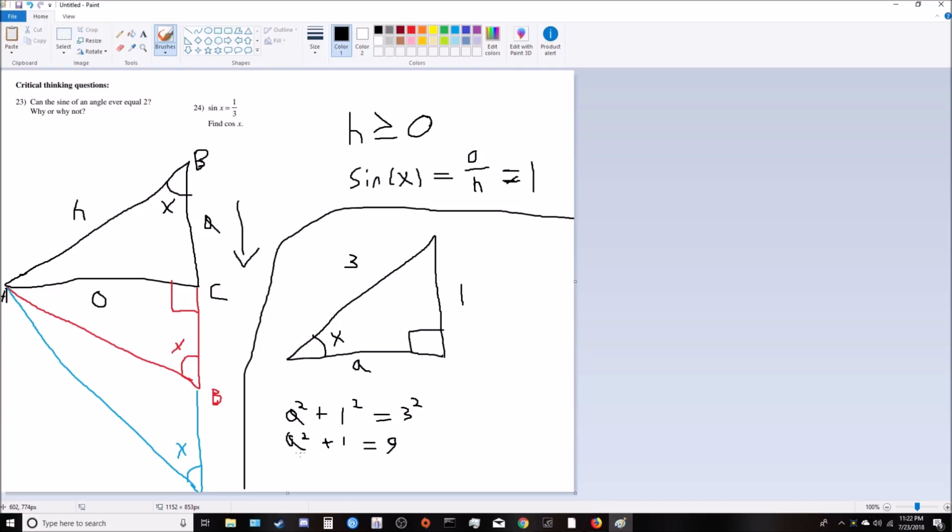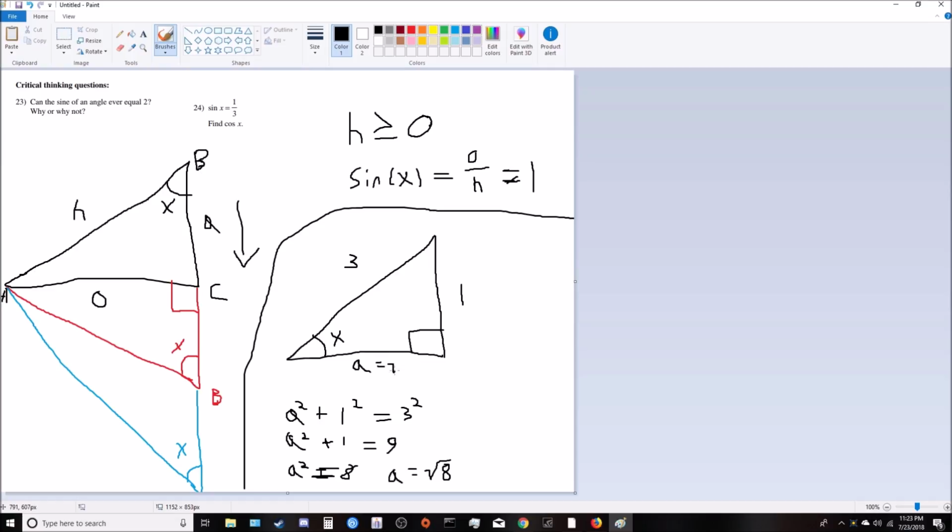And if you subtract 1 from both sides, you get a squared. Oh, sorry, there's no plus there. A squared equals 8. And finally, taking the square root of both sides to isolate that a, you get a equals root 8.